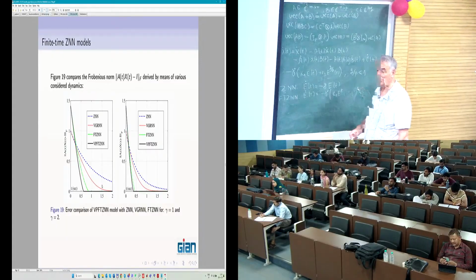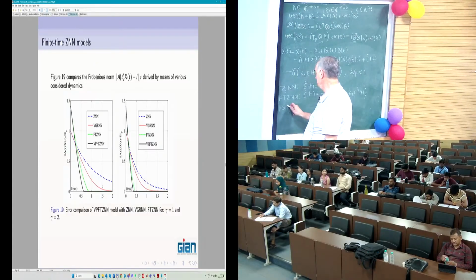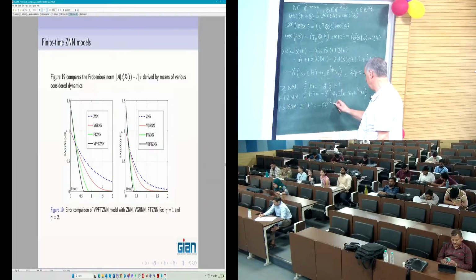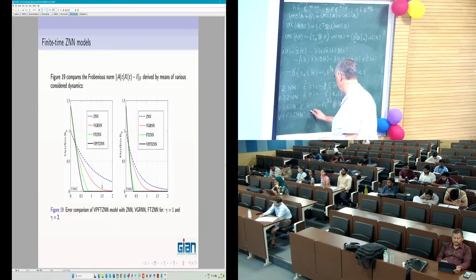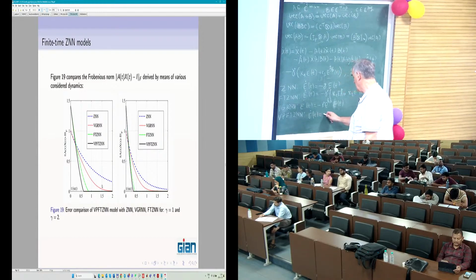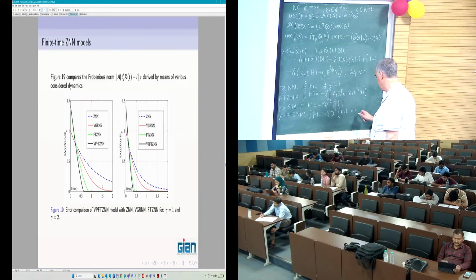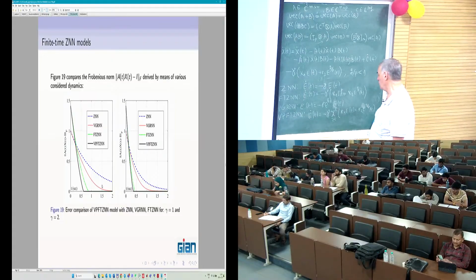It was in the opposite of t always. ZNN 1x is minus gamma E of t plus k2 e power greater than or equal to e.